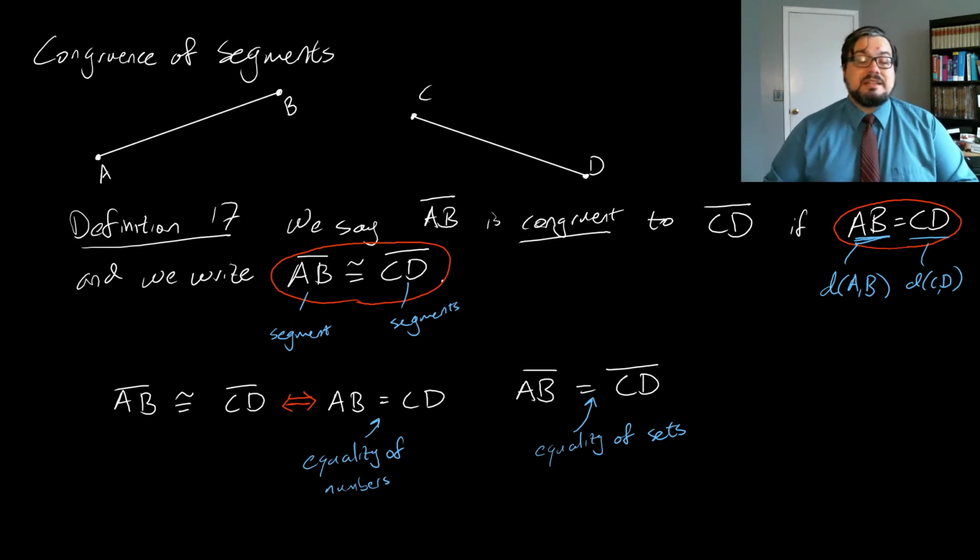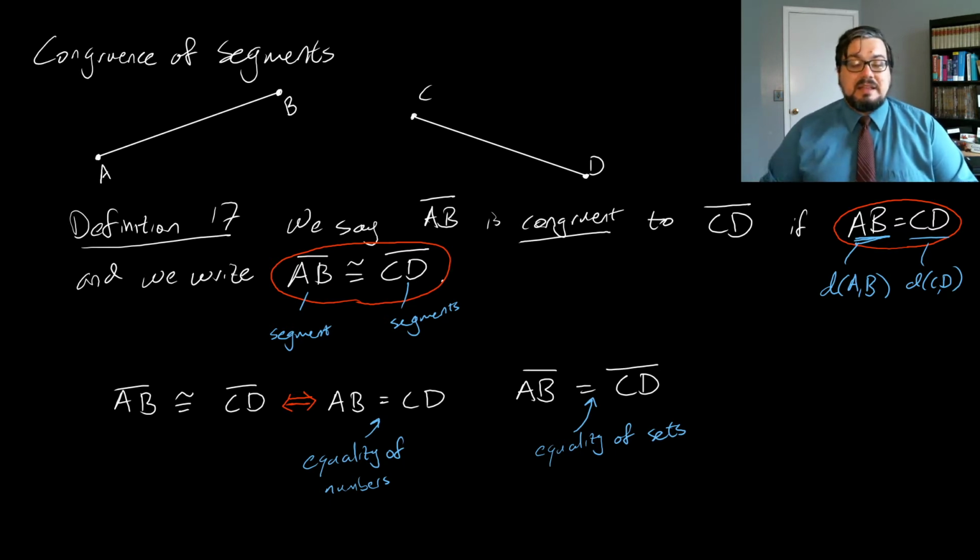And we actually looked at this a little earlier when we looked at segments in the first place: two segments are equal if and only if the set of vertices AB is the same as the set of vertices CD. If A equals C and B equals D, or A equals D and B equals C. So equality of segments is a very, very strong condition.